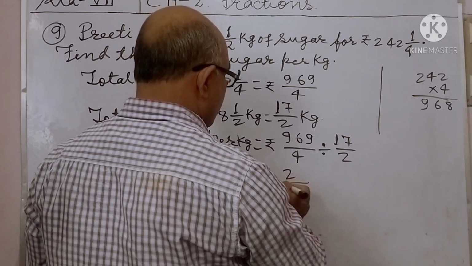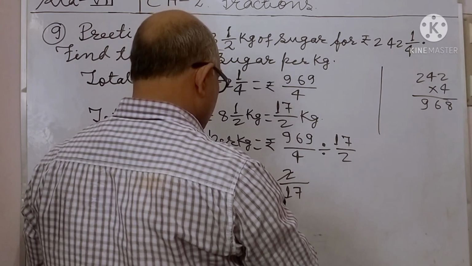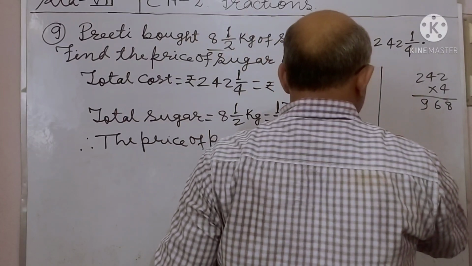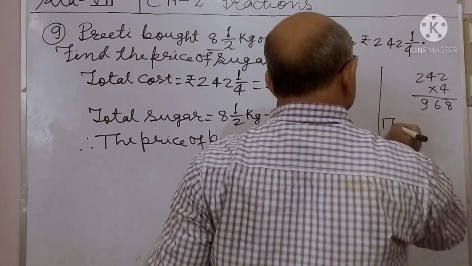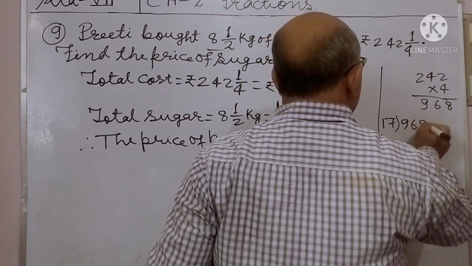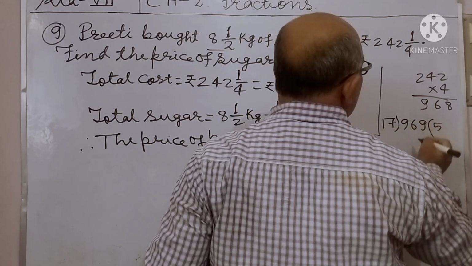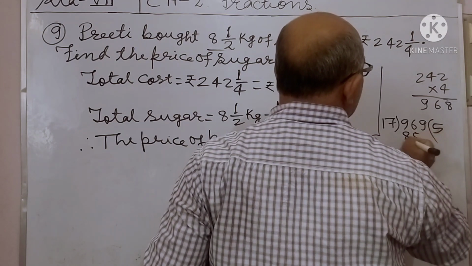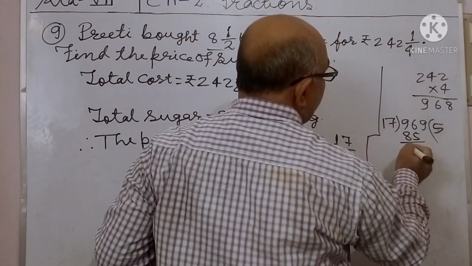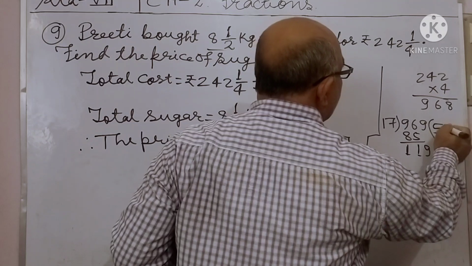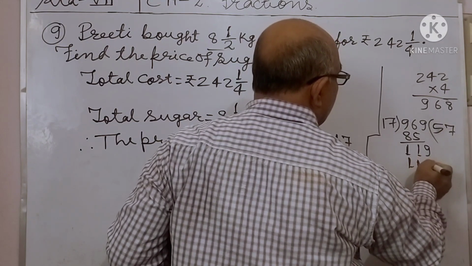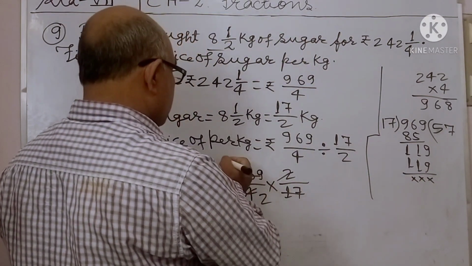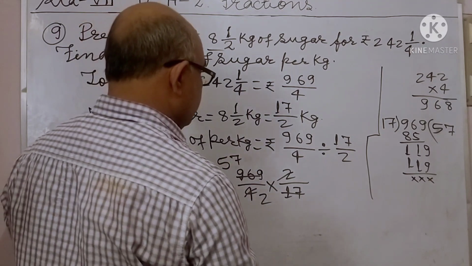Divide changes into multiply, so 2 by 17. 2 goes into 4 twice. 969 divided by 17 is 57.